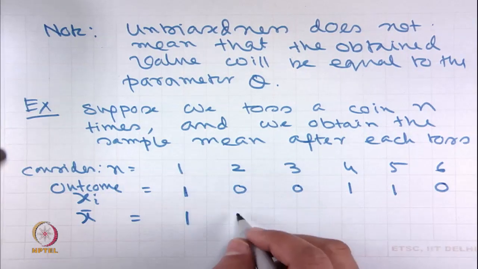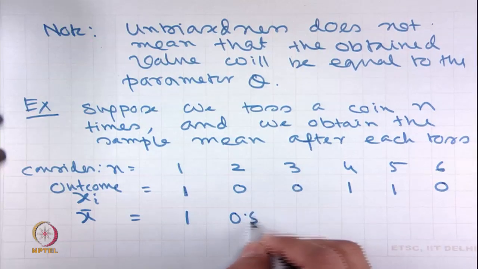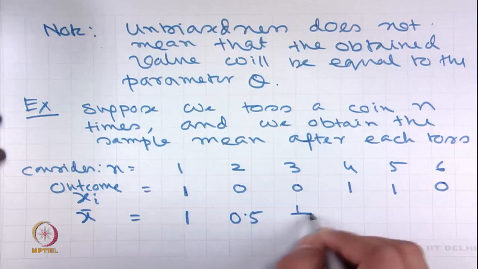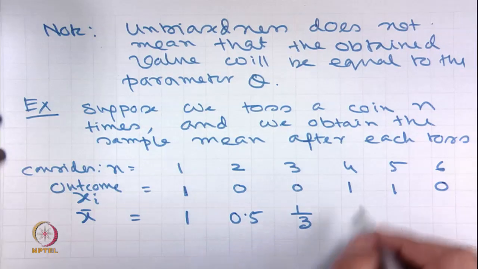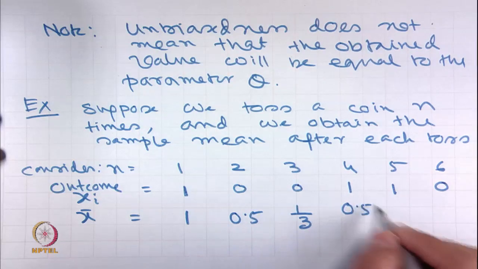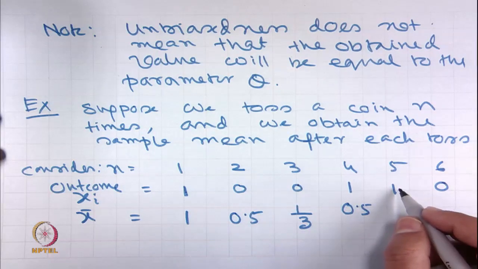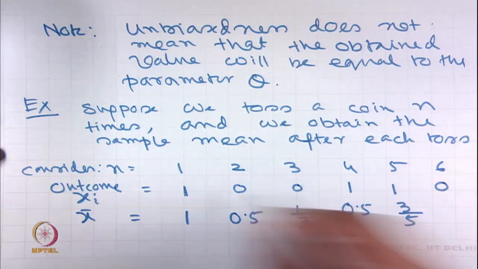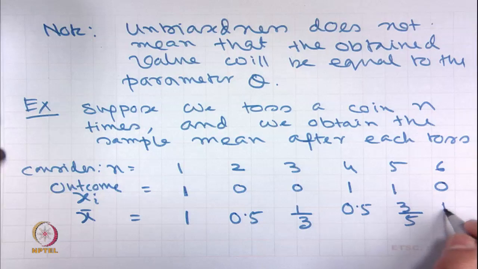It is 0.5 at this point. At this point it is 1 by 3. At this point it is again 0.5 or half. At this point it is 3 by 5. At this point it is again half.